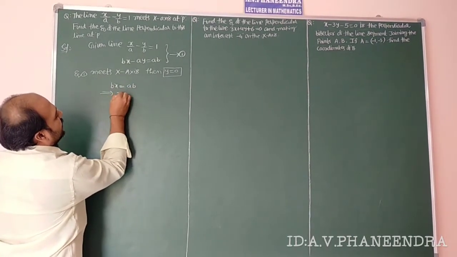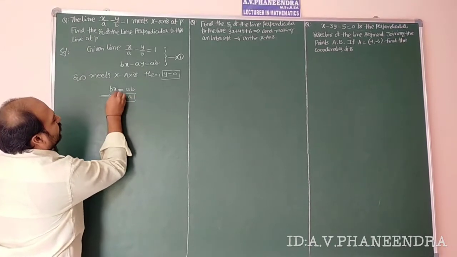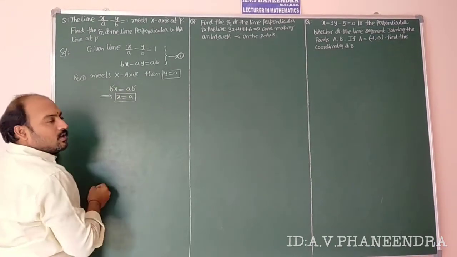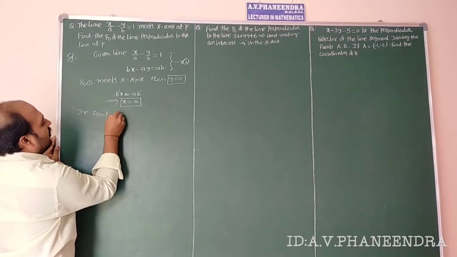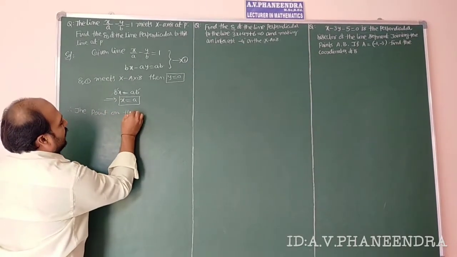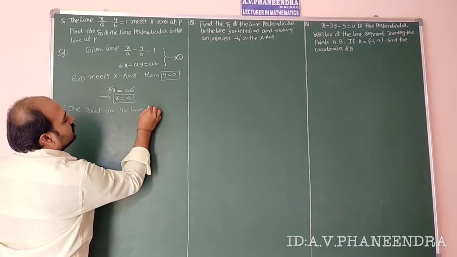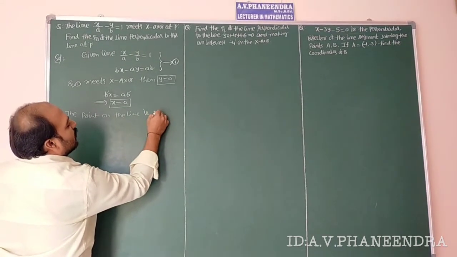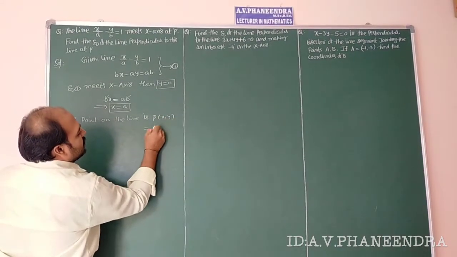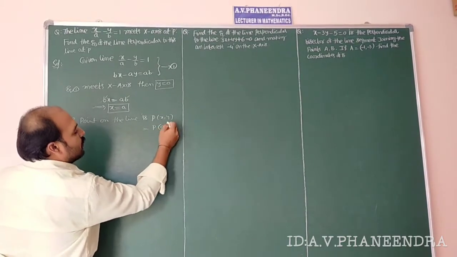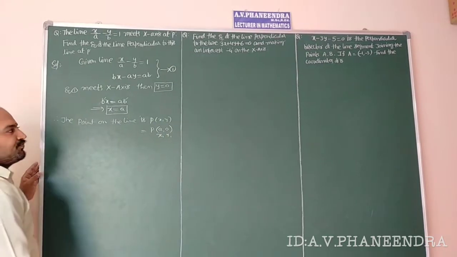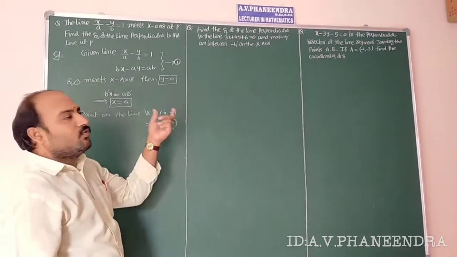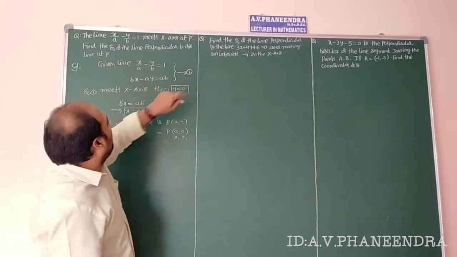That implies x is equal to a, as b gets cancelled. So the point on the line is P(x, y), that is P(a, 0). Now we assume this point as (x1, y1). At this point we need to calculate the line perpendicular to this line.